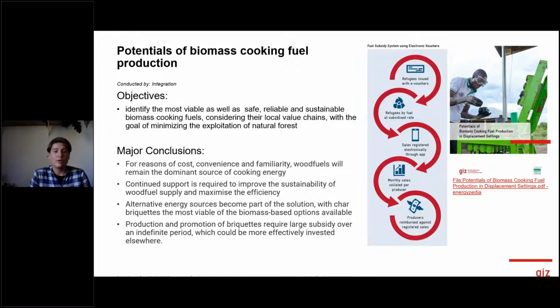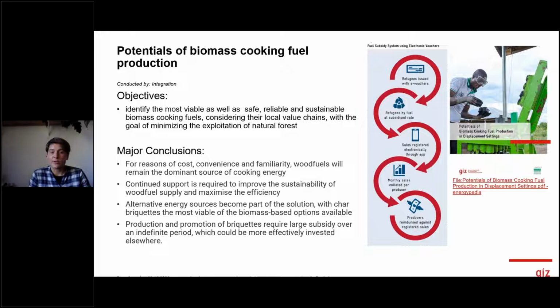So one of the major conclusions was that wood fuel will always be a dominant source of cooking energy, and we may also work on boosting or supporting the sustainability of wood fuel supply and production.